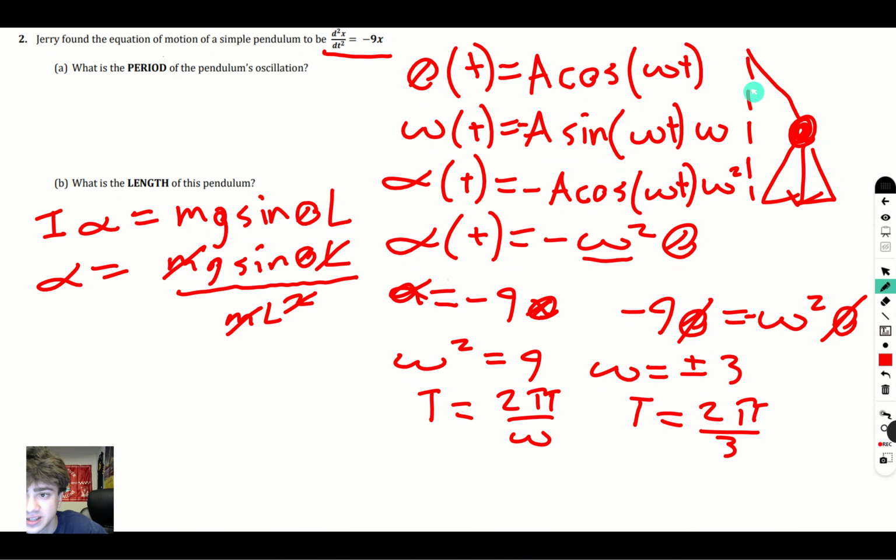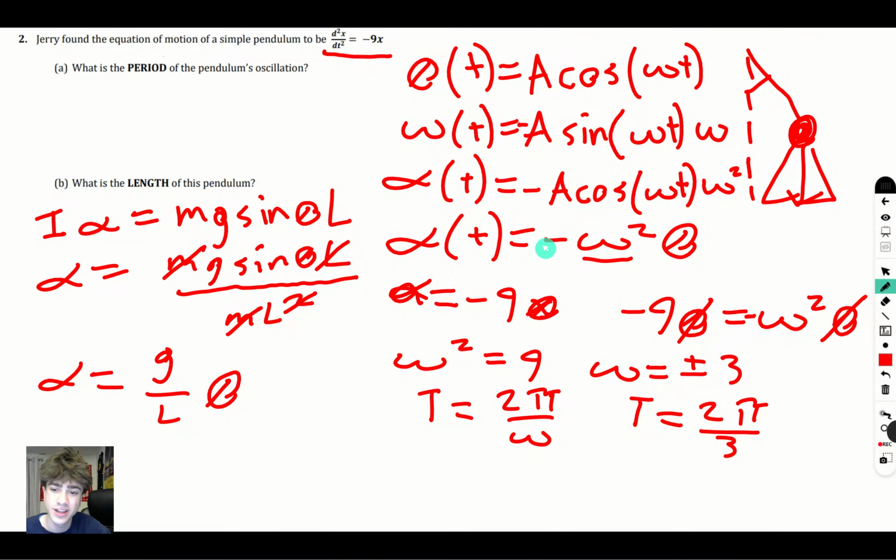And since this is a small angle approximation, we're saying that theta is a small angle. And we know that sine of theta and theta, when we're talking about small angles, are going to be relatively similar, so we can just substitute sine theta with just theta, and we'll get that alpha is going to be g over L theta. And this looks pretty similar to our other equation here, which is alpha is equal to omega squared theta.